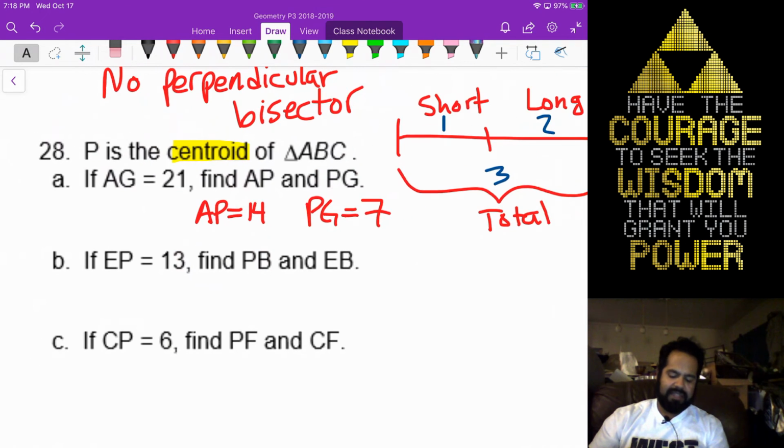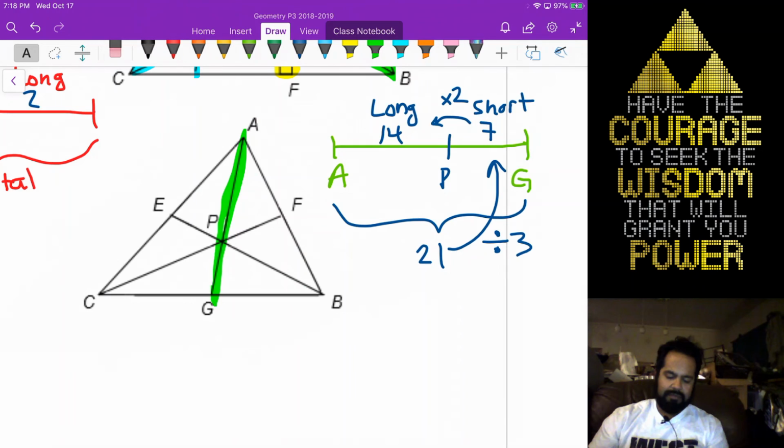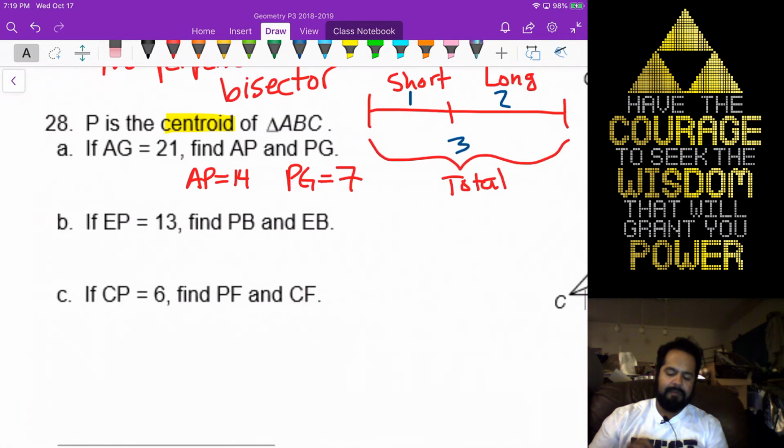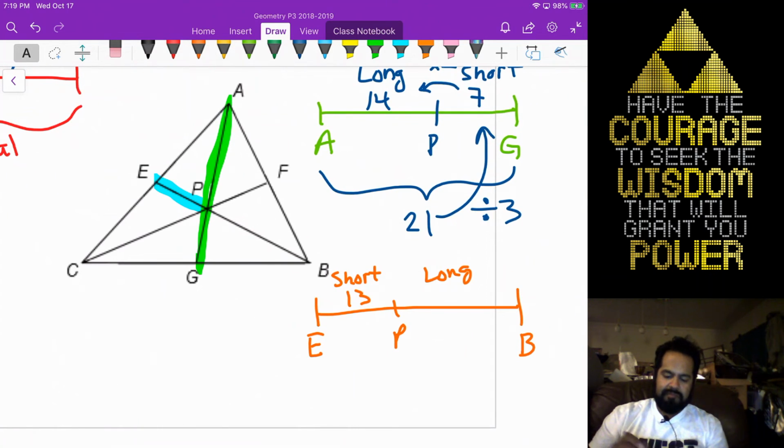Alrighty, EP is 13. So in the image, EP represents the short part of our entire line. Again, this was all that was given to us. But if I want to find PB and EB, we got to find those two parts.